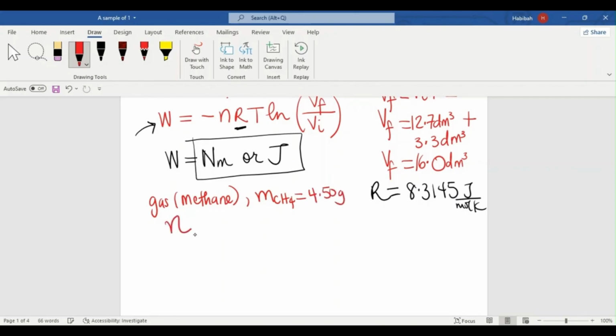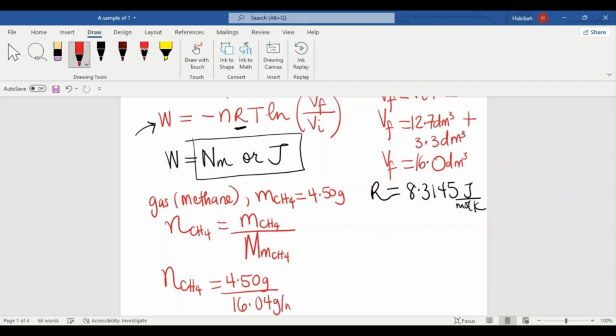Remember, the number of moles of any gas is mass divided by molar mass. So the number of moles of methane gas is going to be the mass of methane gas, CH4, divided by the molar mass of methane gas. The mass is 4.50 grams divided by the molar mass of CH4 gas, which is 16.04 grams per mole.